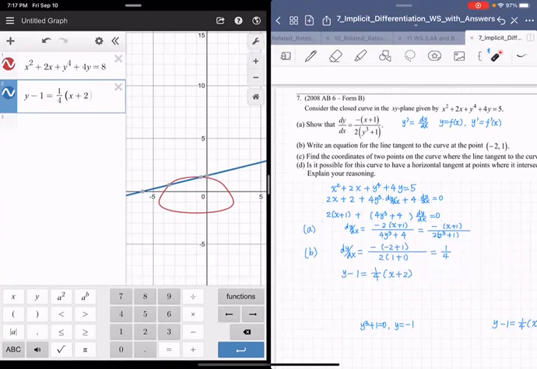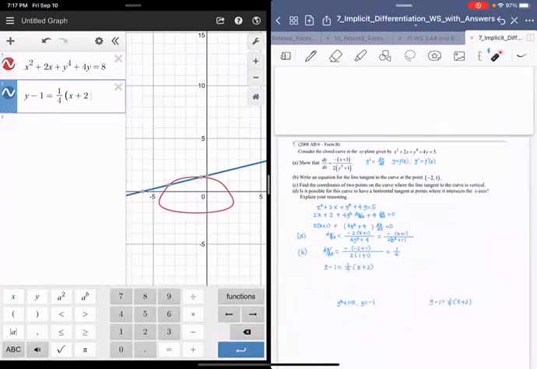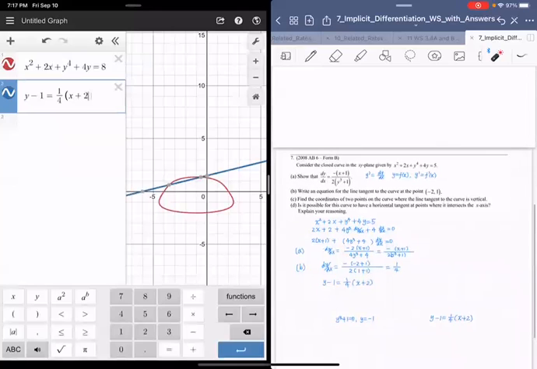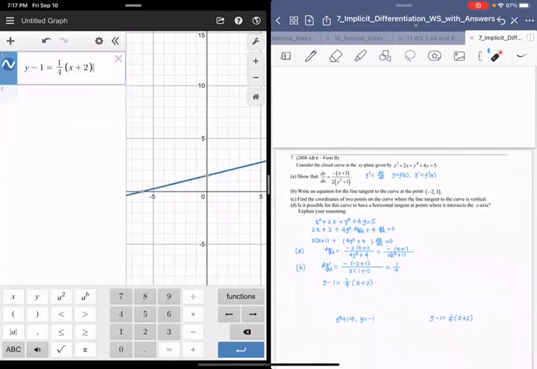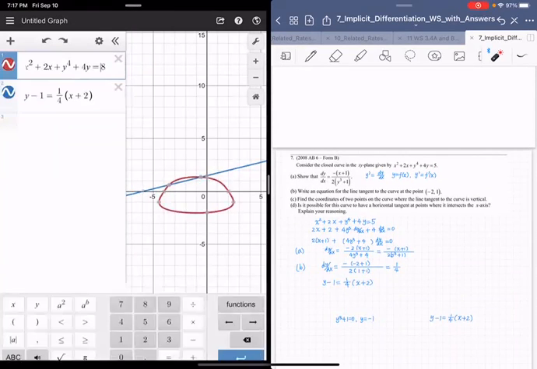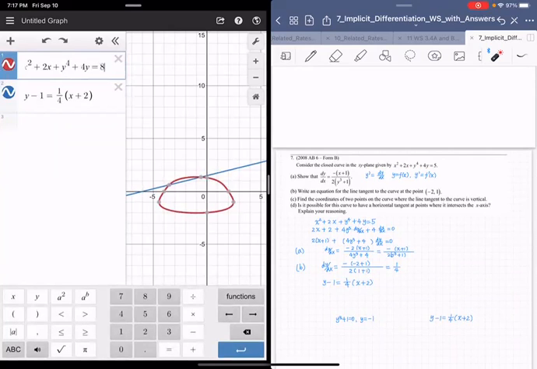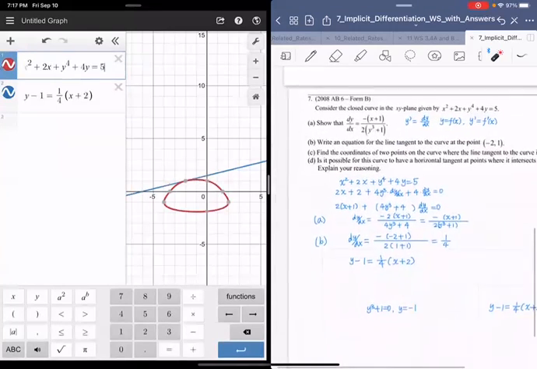Did we mess up anything? Oh, here, I have a typo. That's not 8, that's 5, right? Yes, I have a typo over here.